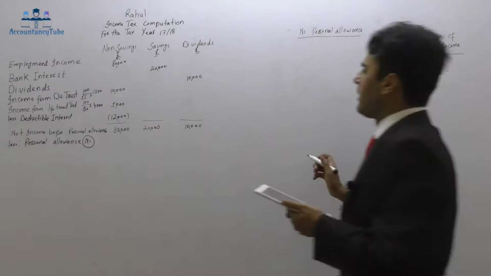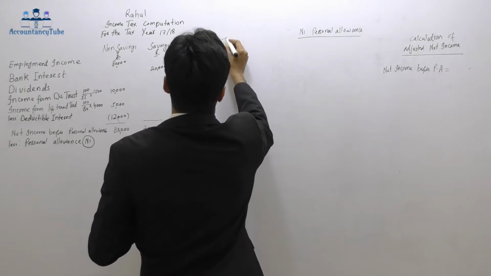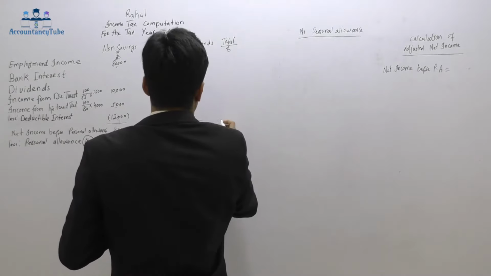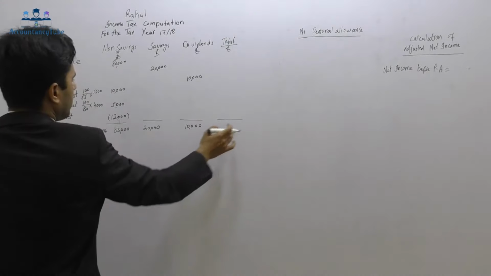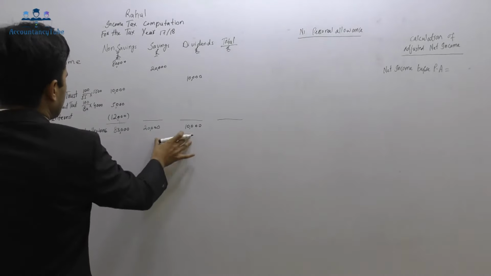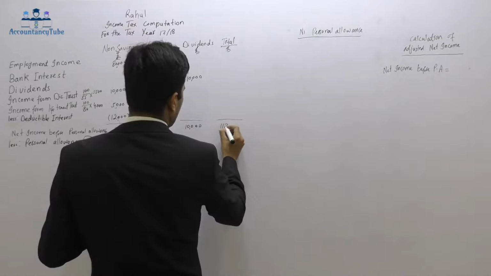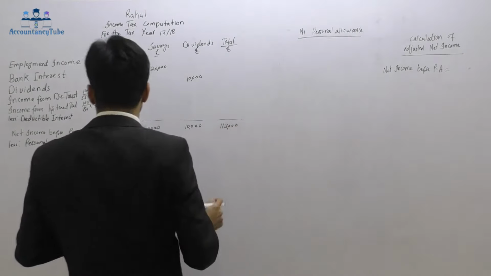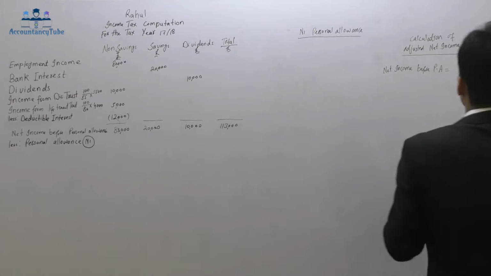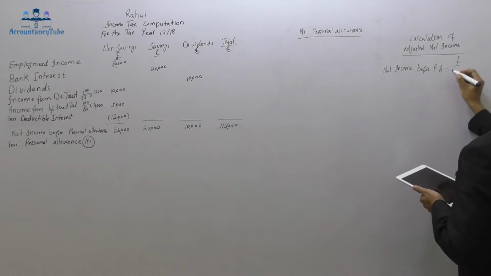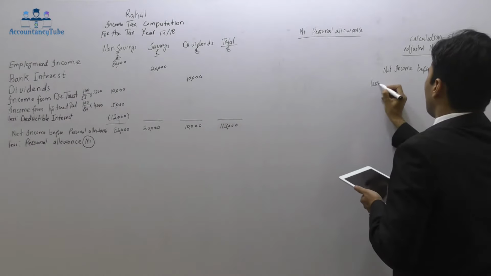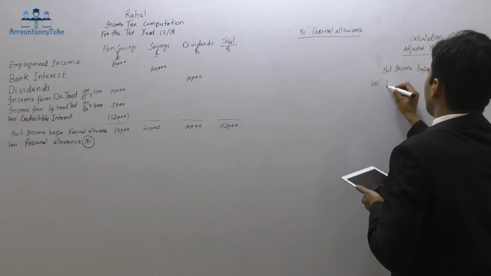So we'll have to total it here. 83 plus 30 equals £113,000 altogether. So that is our net income before personal allowance, £113,000, less contribution into the personal pension.